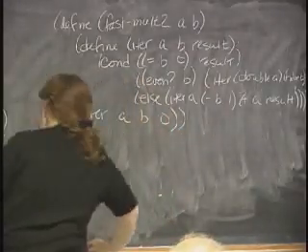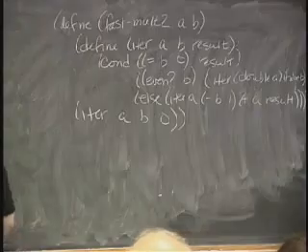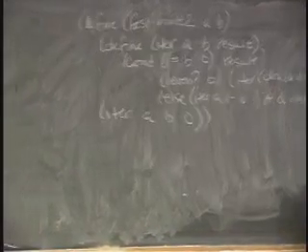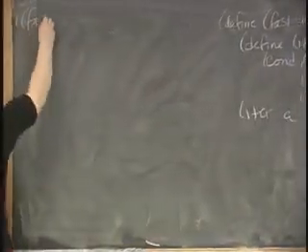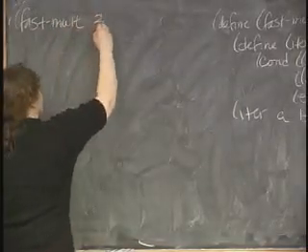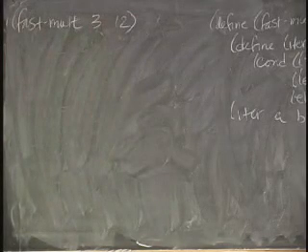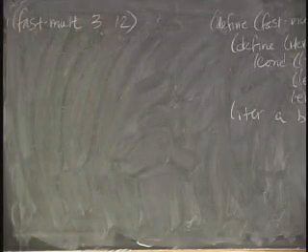So let's look at this one. Let's call fast-mult on 3 and 12, same as we used before. What's our first call? What's the next line?